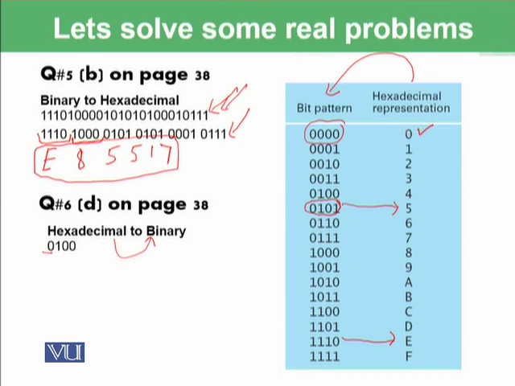Against 0, you write down the whole bit pattern, which is 0000. So do not be confused between a single 0 and four zeros. A single 0 is a symbol in hexadecimal notation, and four zeros are the actual bit pattern that is stored in the computer. And then you have 1.